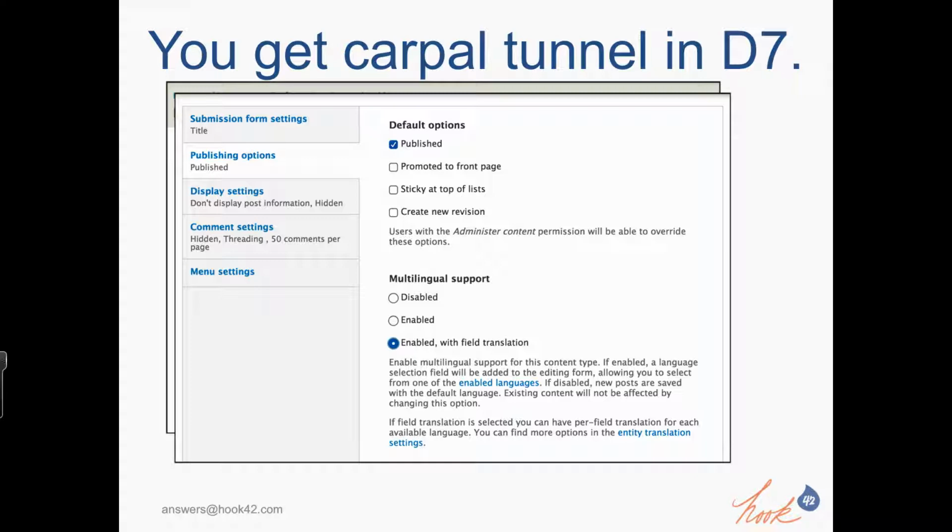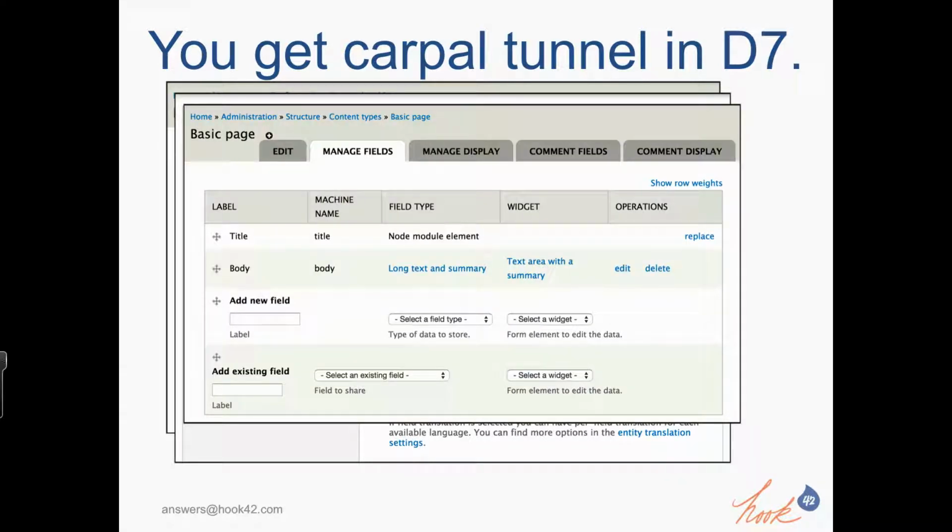And then once you have enabled this on nodes, you can go to the node and edit the content type, and then you can go back in here and enable multilingual support or enable with field translation. Okay, well I'm going to choose field translation because that's the closest to Drupal 8. Got to be forward thinking if you're using Drupal 7. And then you have to go into each field on each content type to tell it, I would really like to be multilingual, right?